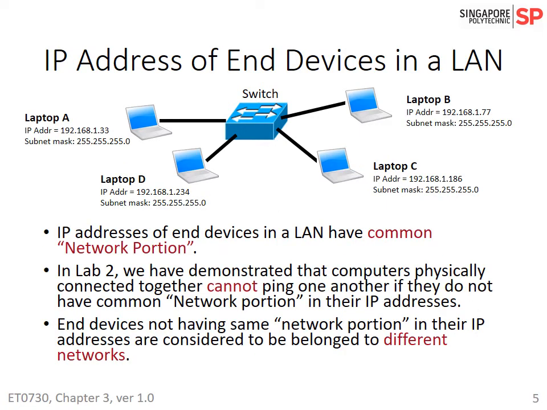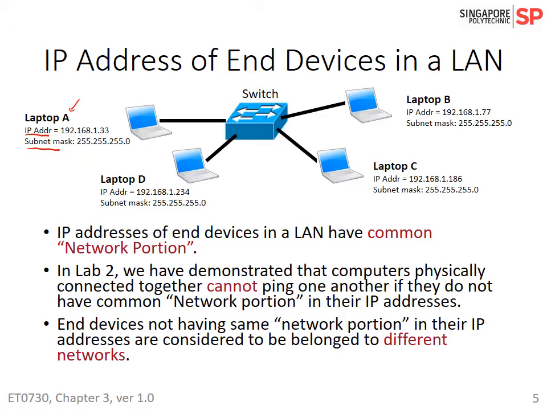Okay, how do we define PCs in the same network? If you remember in lab 2, we use both the IP address and the subnet mask. We use both of this information to tell the laptop what network it belongs to.